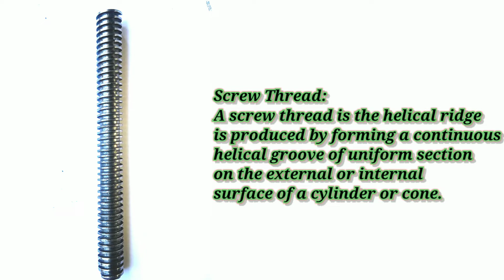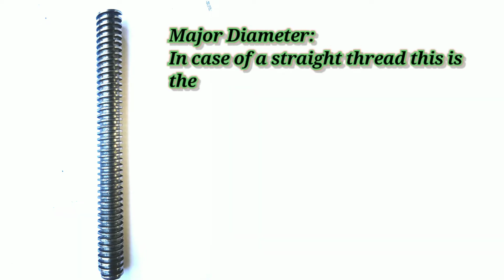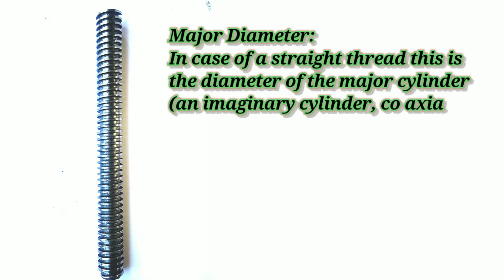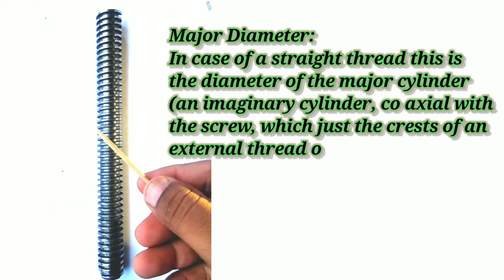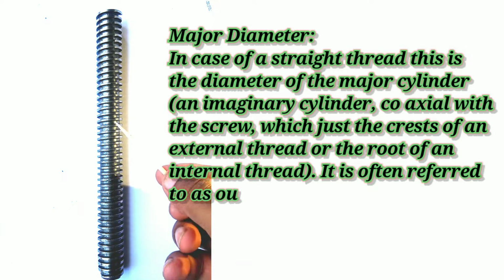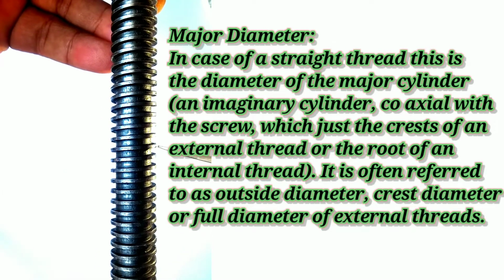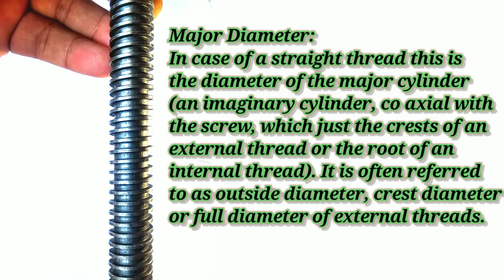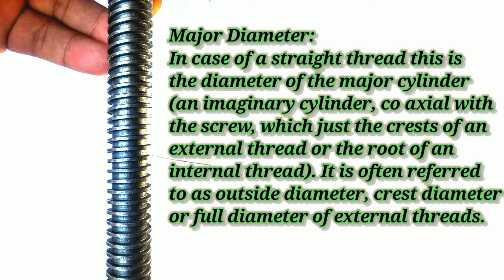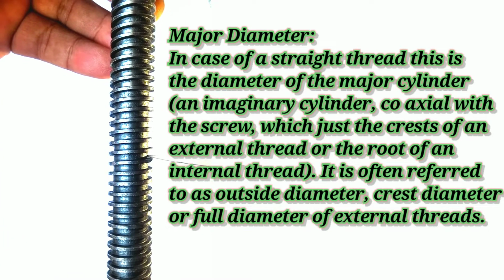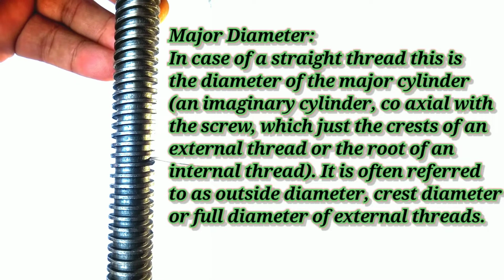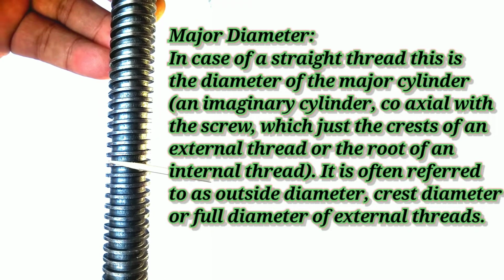From this screw thread you can understand what the major diameter is. In the case of a straight thread like this one, the major diameter is from this point to this point. For the minor diameter we take the innermost portion. This minor diameter starts from this point and ends at this point.